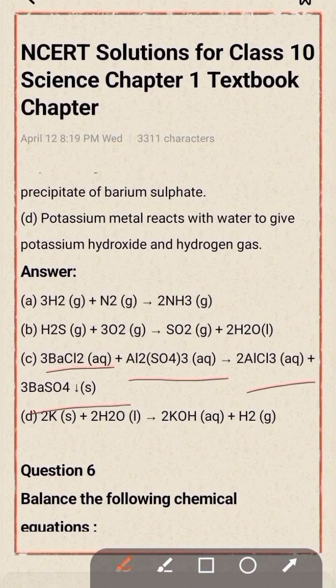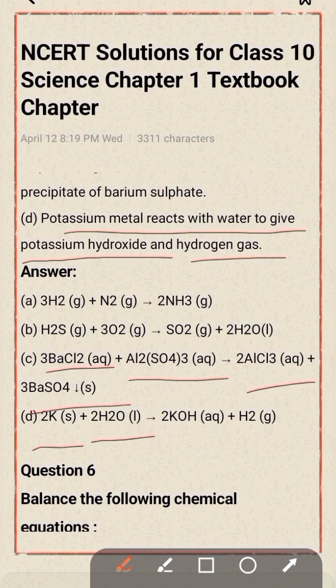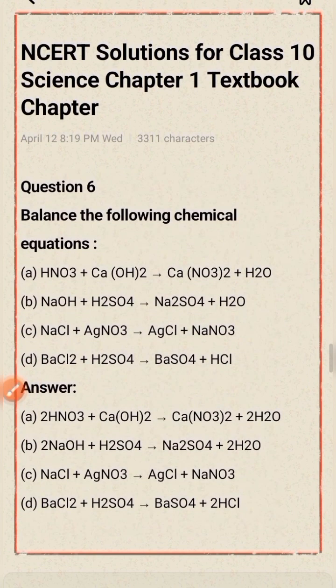D. Potassium metal reacts with water to give potassium hydroxide and hydrogen gas. That is 2K potassium solid plus 2H2O liquid water form potassium hydroxide 2KOH aqueous plus hydrogen gas H2. Next, question number 6.